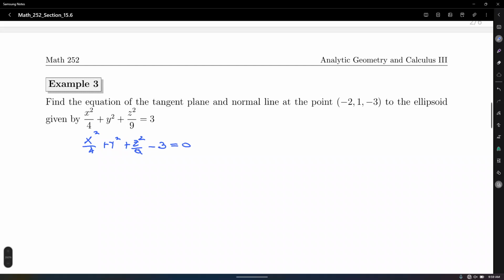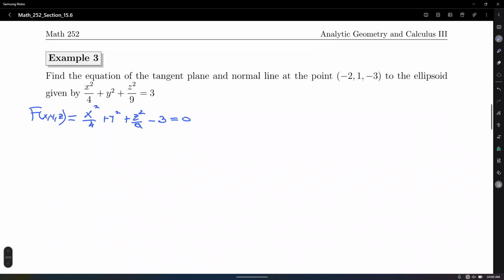And because we are defining the big F equal to 0, big F is equal to this equation.